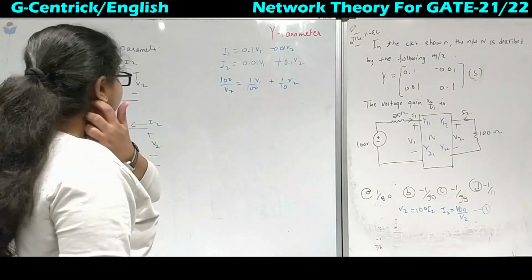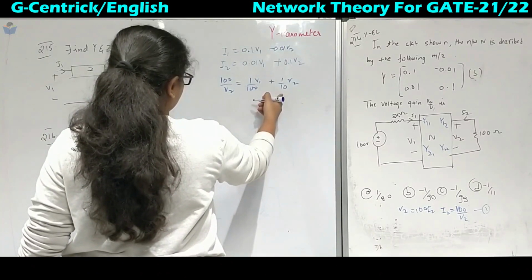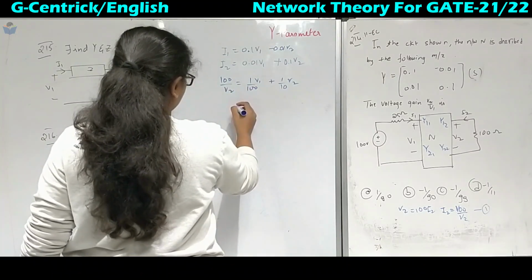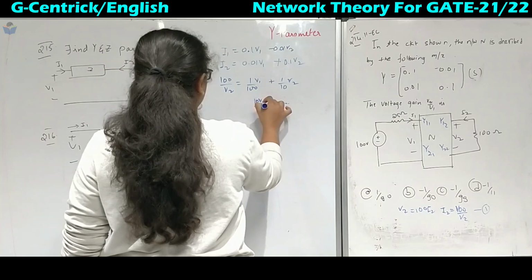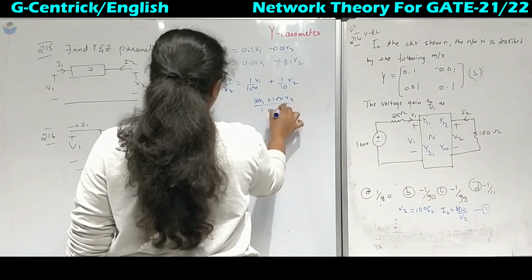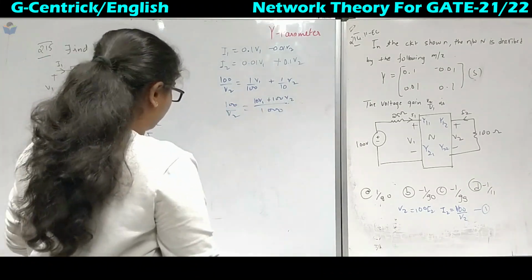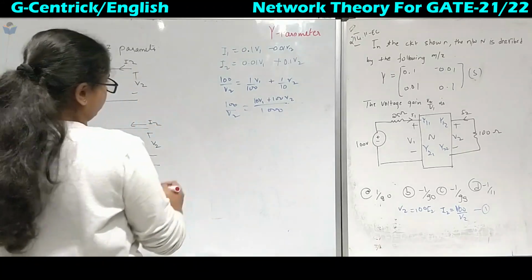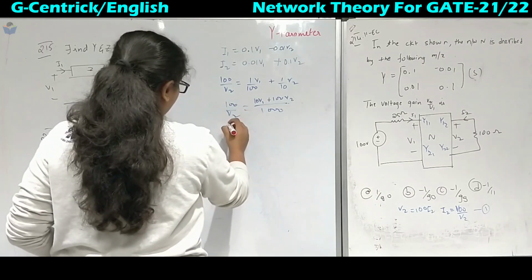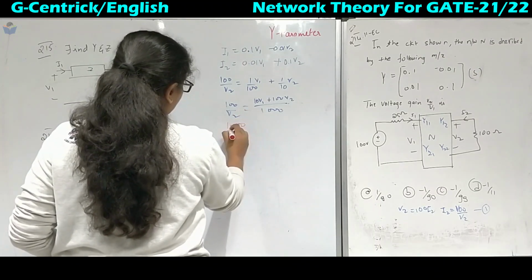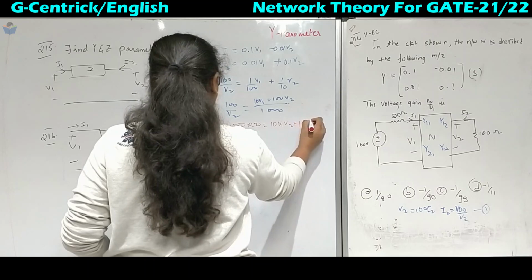Now I will take this V2 to that side, or we will take the LCM. So how much will we get? 10 V1 plus 100 V2 divided by 1000, equal to V2 by 100. Here I'll multiply by V2, so we get 1000 times 100 equal to 10 V1 V2 plus 100 V2.